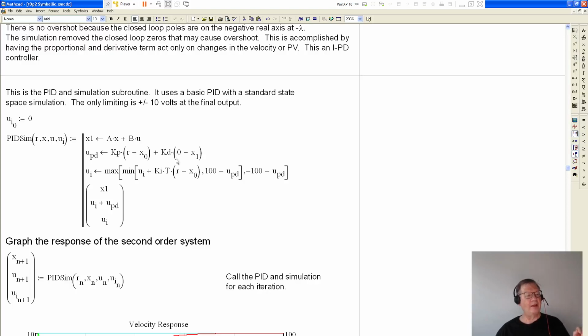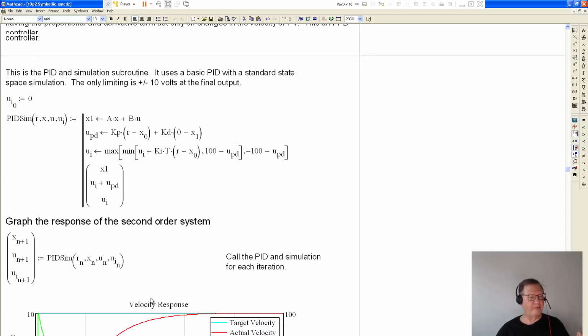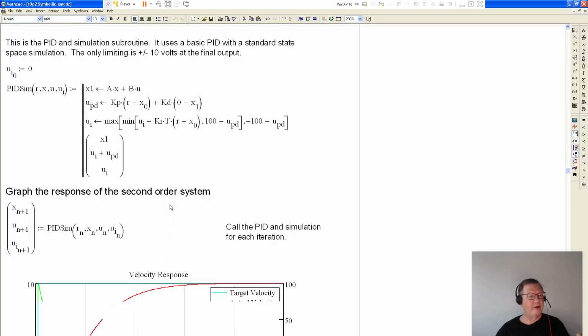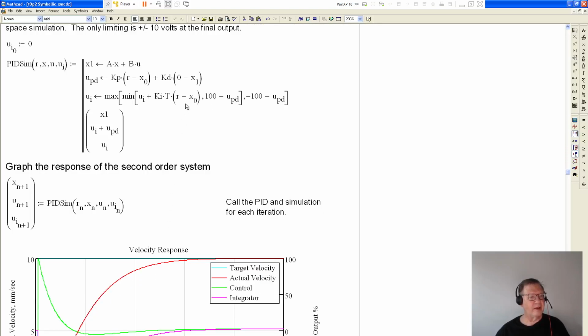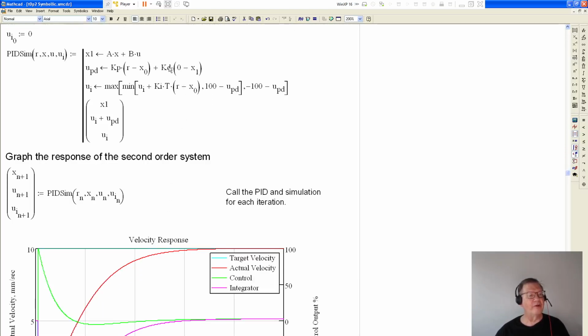Now, the reason why this response is a little bit slower is because this adds one pole with the KP and the KI. There should be two poles, but because I put a 0 here, in other words, this is a KD times the change in velocity. K0 is the position or the velocity.